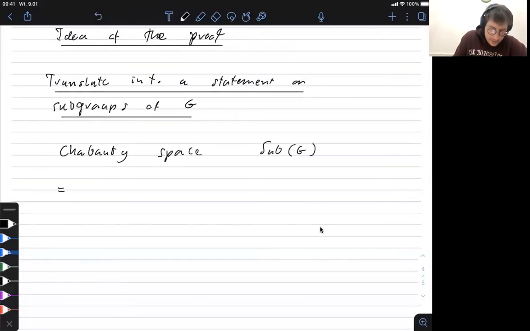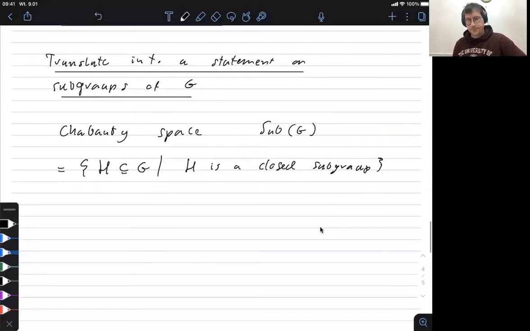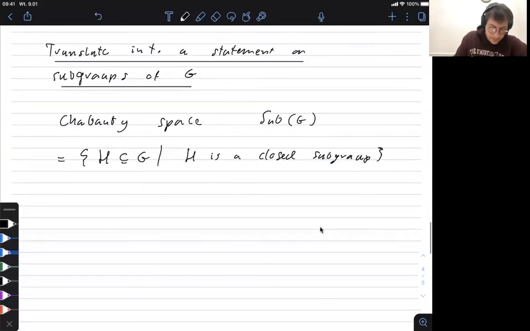And this is the space which consists of closed subgroups of G. So it's a space whose points are H in G, H is a closed subgroup. And this space is endowed with the topology of Hausdorff convergence on compact sets.